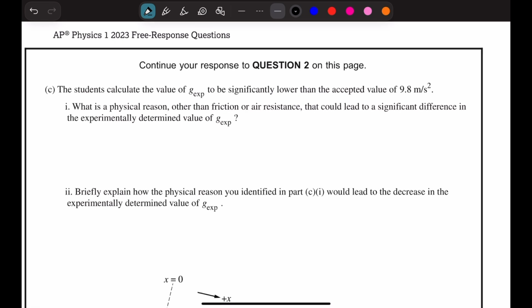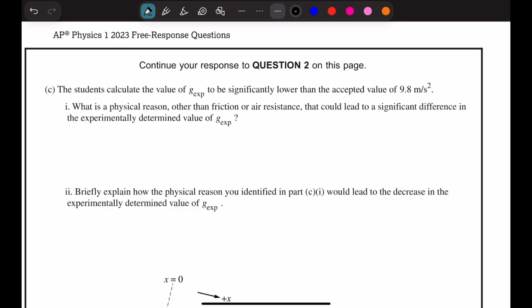The students calculate the value of g experimental to be significantly lower than the accepted value of 9.8 meters per second squared. So, what is a physical reason other than friction or air resistance that could lead to a significant difference in the experimentally determined value of g experimental?